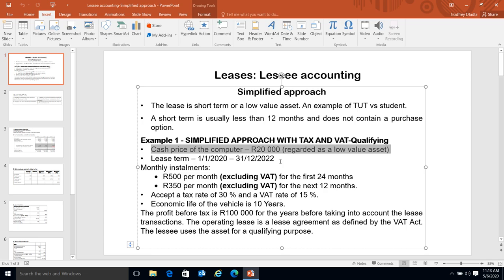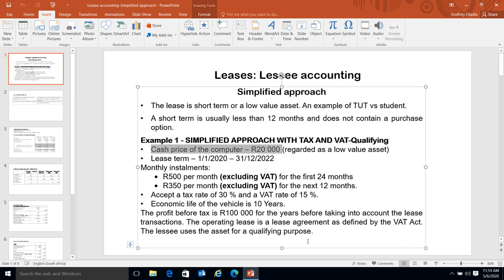Now, what you must be careful of is that when we are dealing with an exercise on a simplified approach and you are a lessee, this cash price of the computer, this part here, is not relevant. There's nothing that you must do.